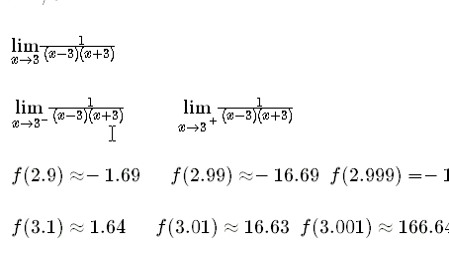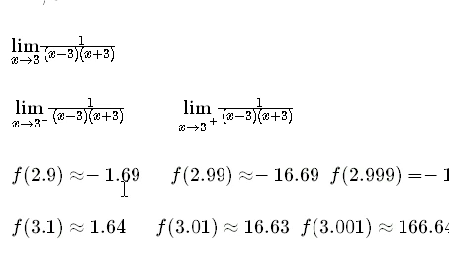If we come in from the left-hand side of 3, we're going to be using 2.9. If I plug 2.9 into the function, I end up getting approximately negative 1.69. Notice these little wavy lines right here. This means approximately. I've rounded to 2 decimal places, which is what I normally do. Well, it's negative. That tells me this thing is going to negative infinity, but let's get a little bit closer to 3.